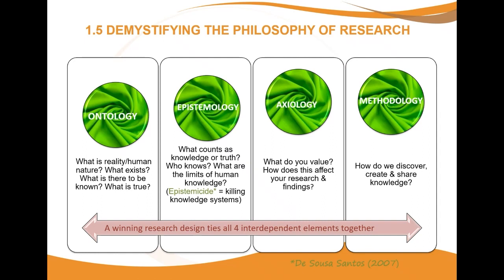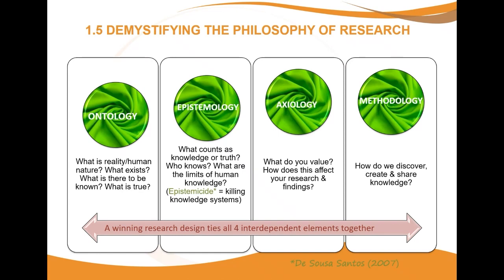And what are the limits of human knowledge? And those of you reading in the decoloniality of methods would have seen the word epistemicide quite a bit. That means the killing of knowledge systems by not acknowledging them. That's from De Sousa Santos.